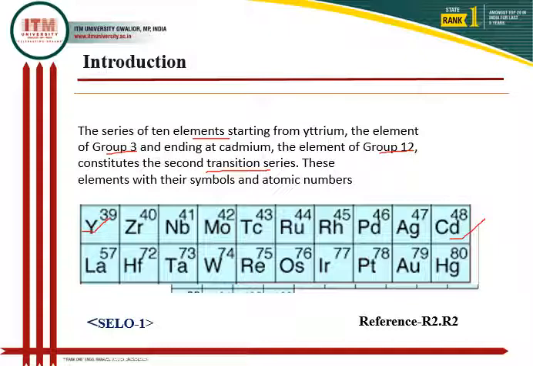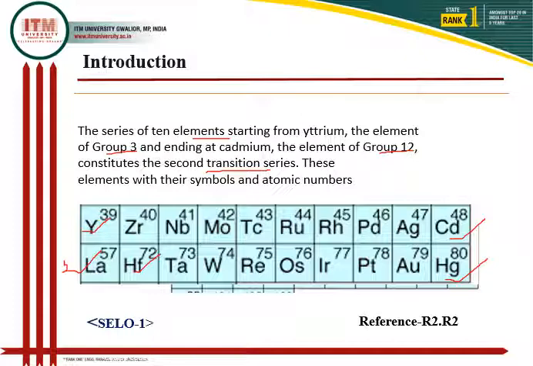And atomic number 57, the element lanthanum. Then after lanthanum, from 58 to 71, they are the F block elements, lanthanides. And 72, that is hafnium, to mercury, that is 80, constitutes the third transition series, or we can say the 5D series.